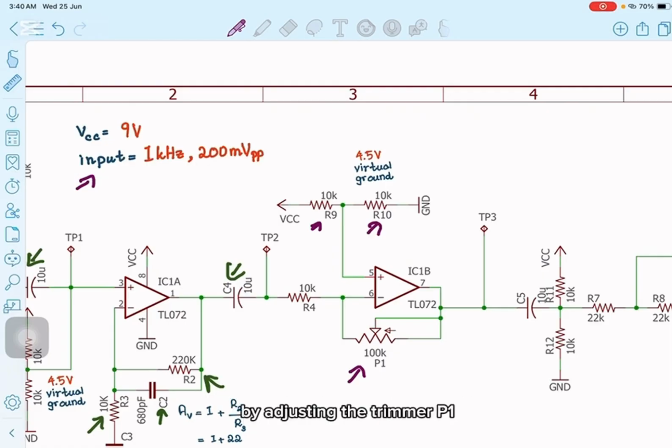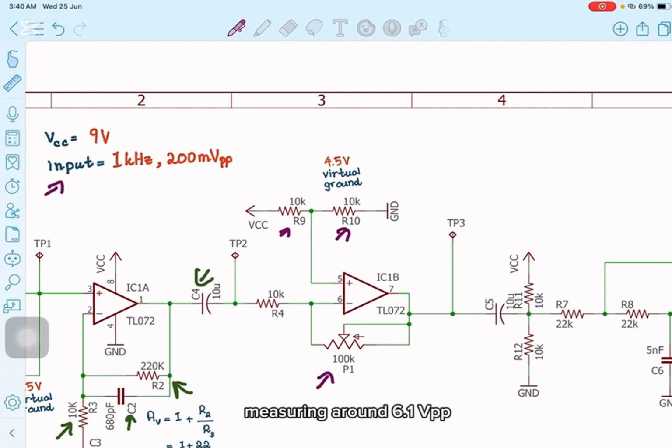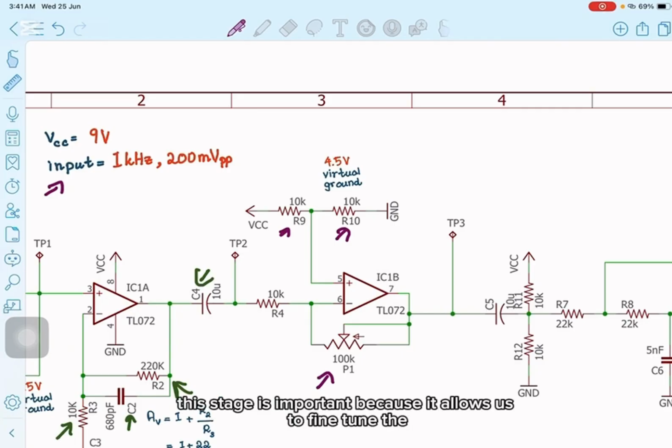By adjusting the trimmer P1, I fine-tuned the output and got a clean waveform at TP3, measuring around 6.1 Vpp. If the trimmer is tuned too far, the waveform clips at the supply rail, but I stopped just before saturation. This stage is important because it allows us to fine-tune the amplified signal before sending it to the filtering stage.